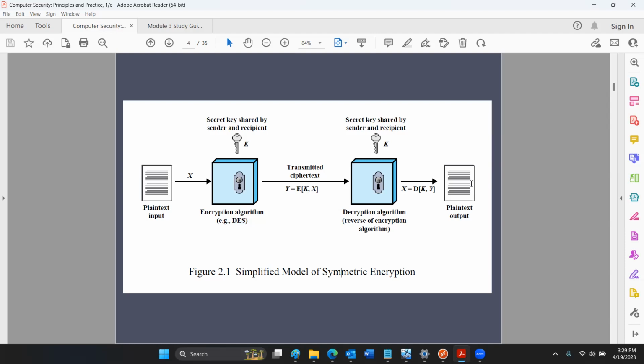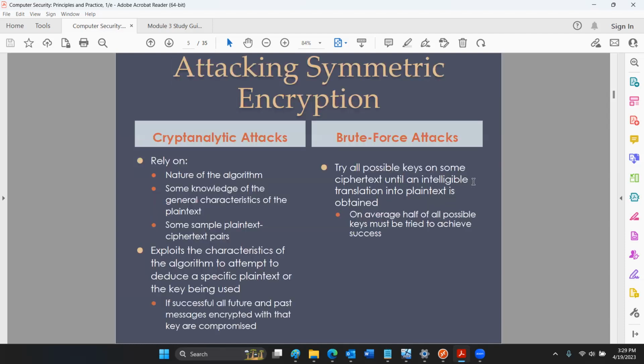Pretty simple, pretty straightforward. Now, when somebody wants to analyze the encryption cipher, there are some attacks that allow hackers to break the code. The cryptanalytic attack is the process of cryptanalysis I referred to earlier, right?